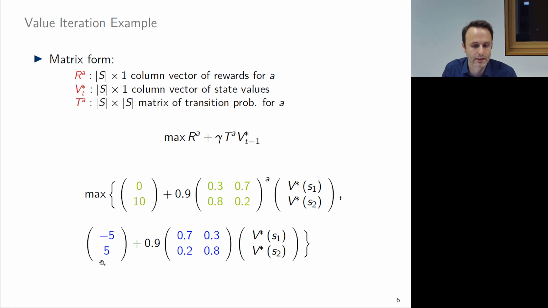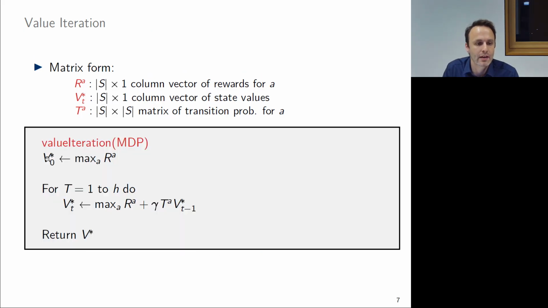So here we have then also for the second action the same thing, and we can choose then the maximum based on each element. Now with this we can rewrite the value iteration algorithm just in matrix notation, which makes things a little bit easier.